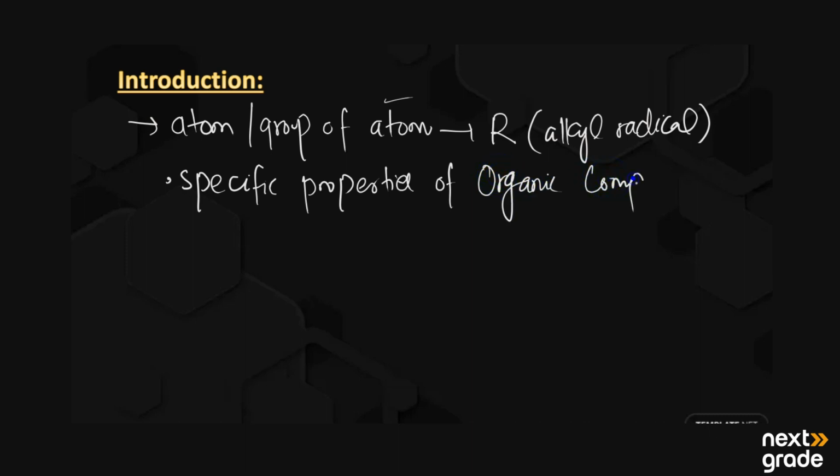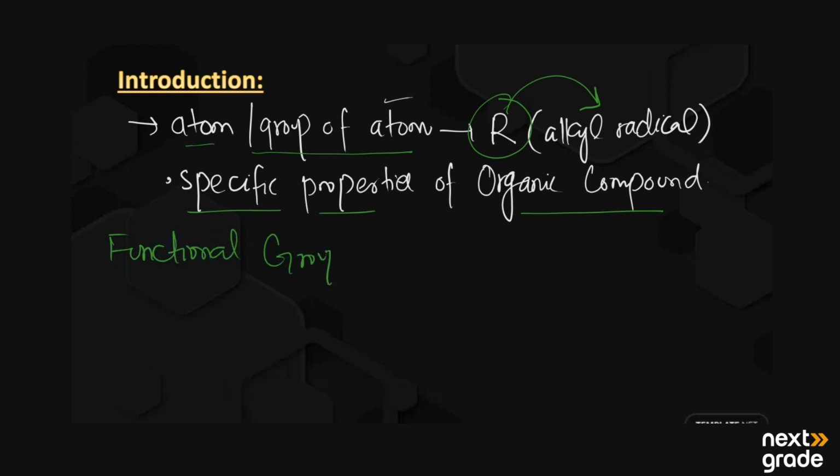compounds. So the functional group is an atom or a group of atoms that is attached to the R, where R is the alkyl radical, and that atom or group of atoms specifies the properties of the organic compounds. This group of atoms is known as the functional group.